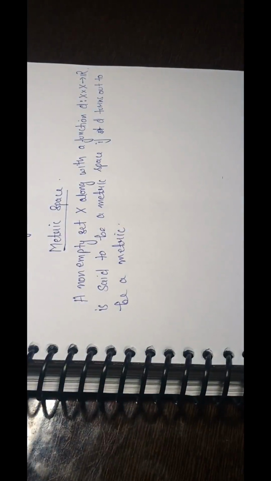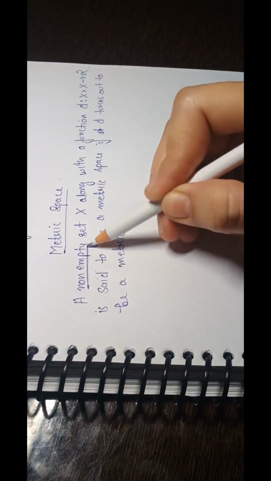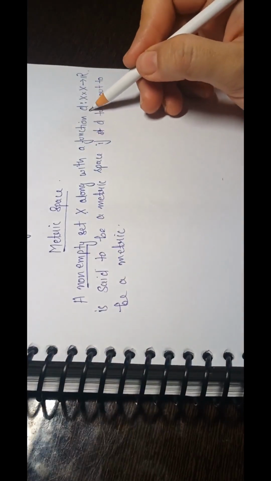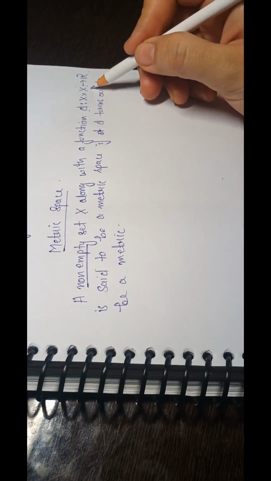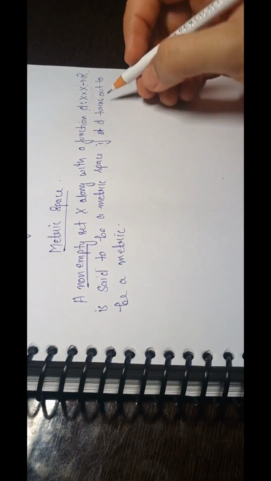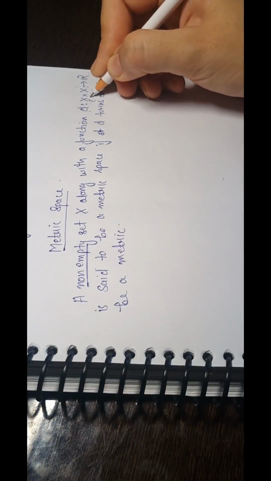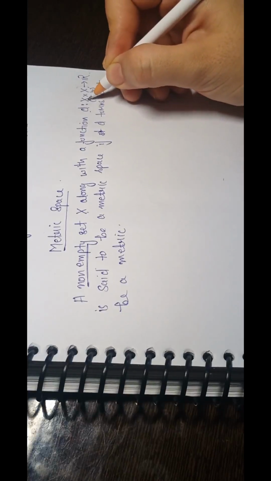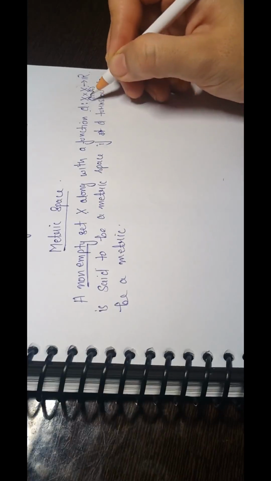What did I say? I said a non-empty set X, it has to be non-empty, along with a function defined from the Cartesian product X cross X. The elements of the Cartesian product look like an ordered pair (a, b), where the first element belongs to the first set and the second element belongs to the second set.